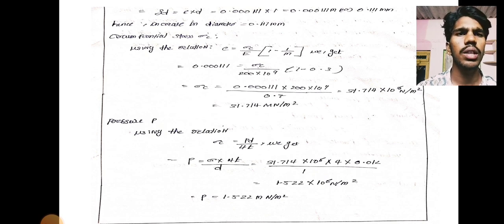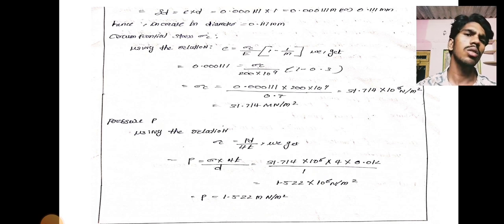What is the value of E? 0.000111 equals sigma C divided by E, which they gave in the question, equal to 200 into 10 to the power of 9 into 1 minus 0.3. Taking sigma C to the left side, it becomes 0.000111 into 200 into 10 to the power of 9 by 1 minus 0.3, which is 0.7.